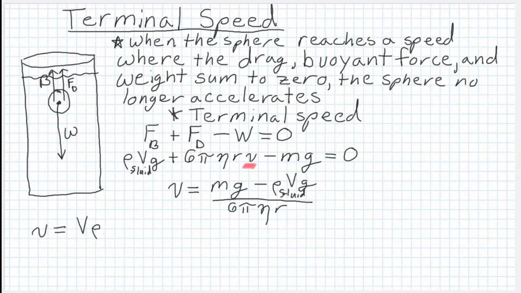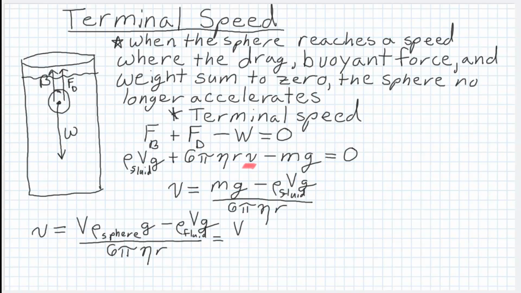So we have the volume times the density of the sphere times gravity minus the density of our fluid times the volume of our sphere times the acceleration of gravity divided by 6 pi times viscosity times the radius of our sphere.